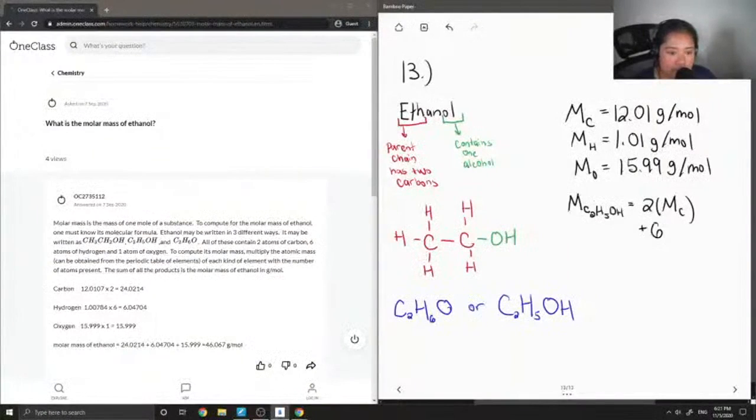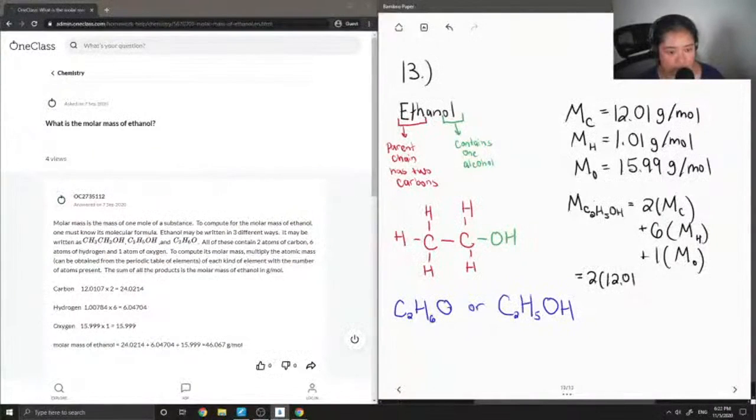It's going to be 6 times the molar mass of hydrogen, since there are 6 hydrogens. And then I'm just going to also write out 1 times the molar mass of oxygen, since we have 1 oxygen.